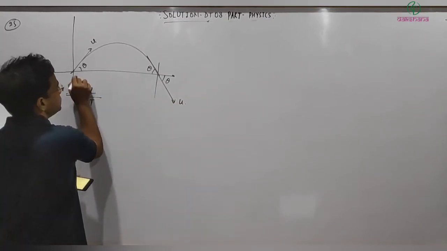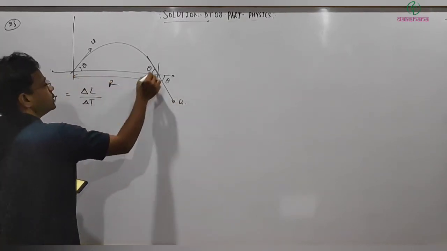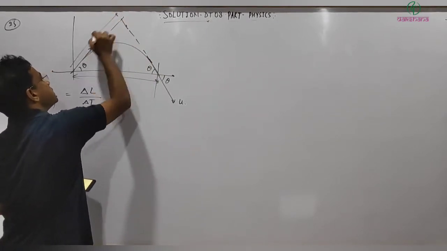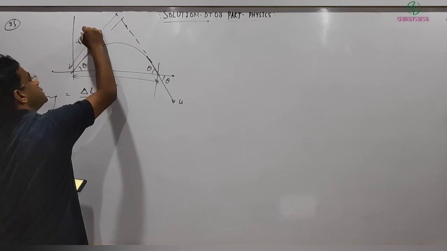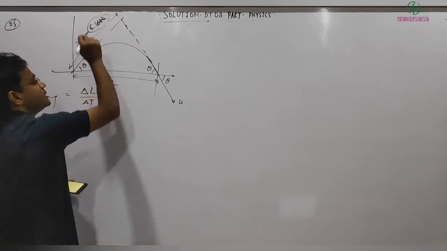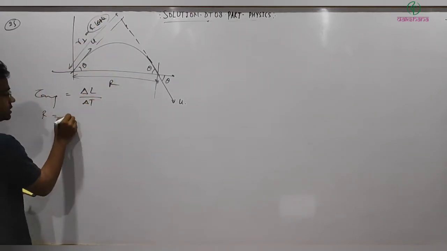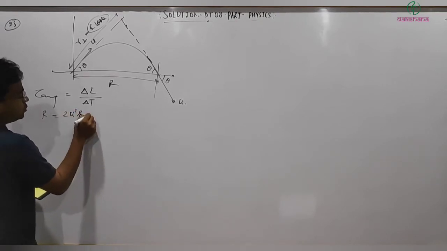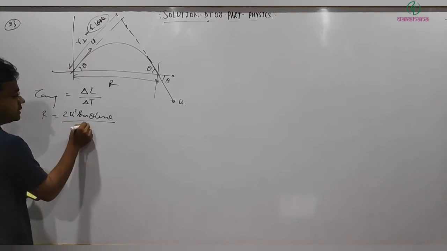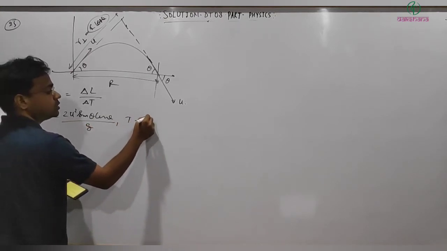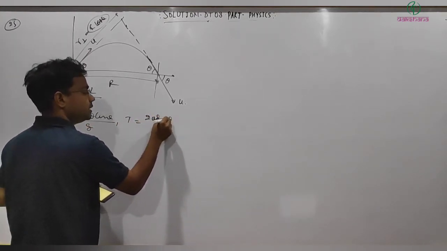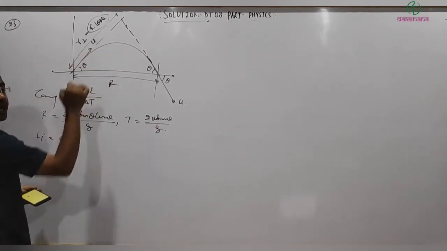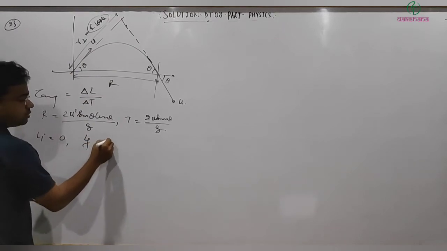Then I can write, and this distance is equal to how much? R. So I can extend it back, then I will be getting the perpendicular distance, R perpendicular, that is equal to R cos theta. R is the range, so R is how much? That is u square sine 2 theta divided by g. Time period is 2u sine theta divided by g. So initial angular momentum I can write as 0, and L final is equal to what?